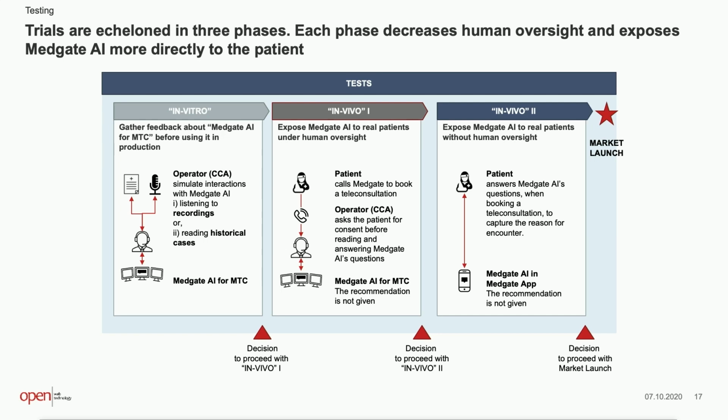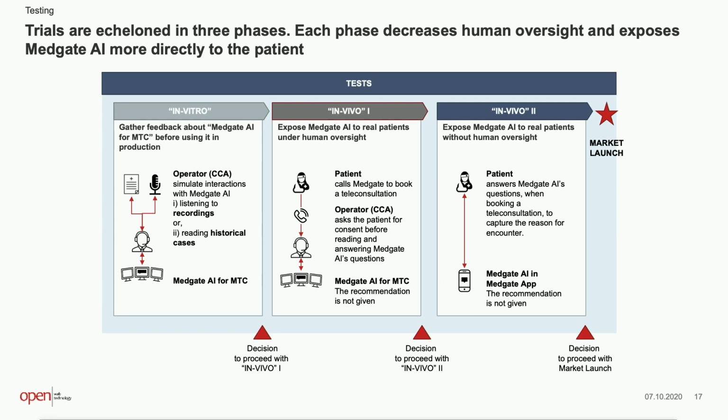And then we did this in vivo phase 1, where we had real patients on the phone. After their teleconsultation, we asked them if they were okay to participate in the survey. And the nurse was actually typing the answers of the patient and reading back the question from the AI.